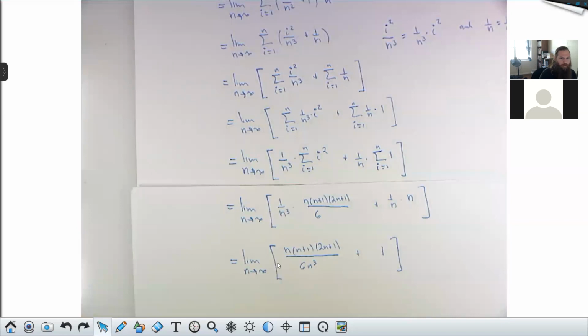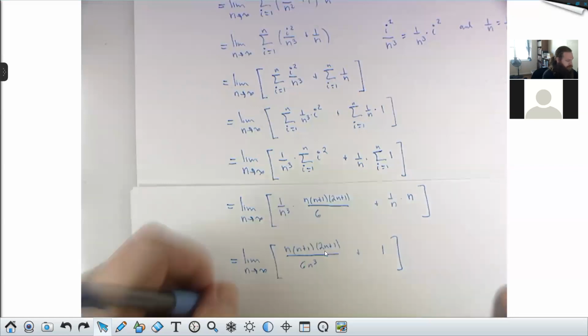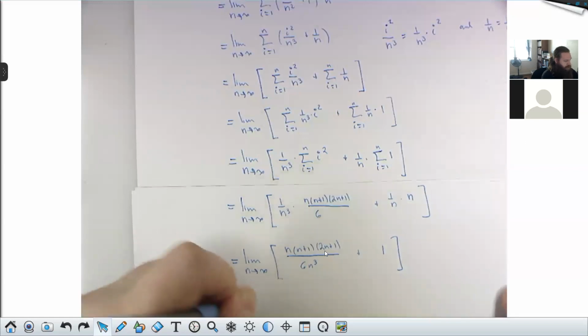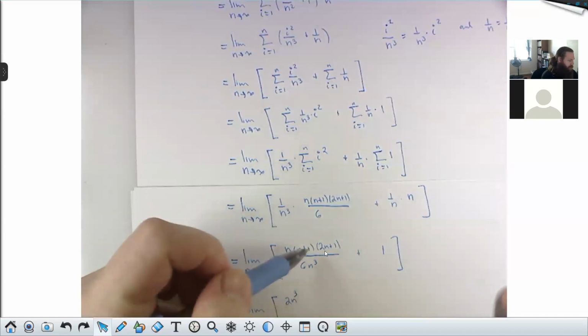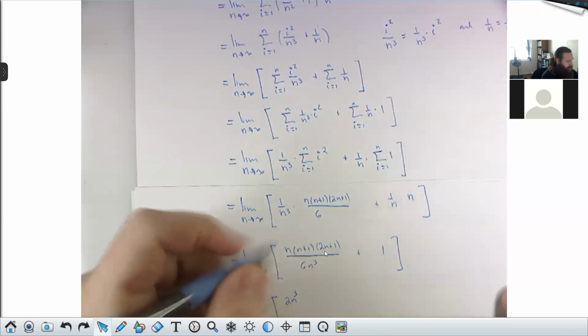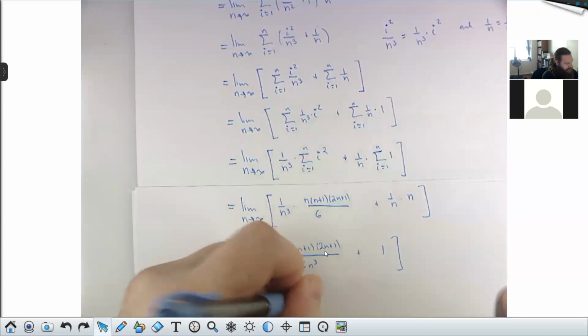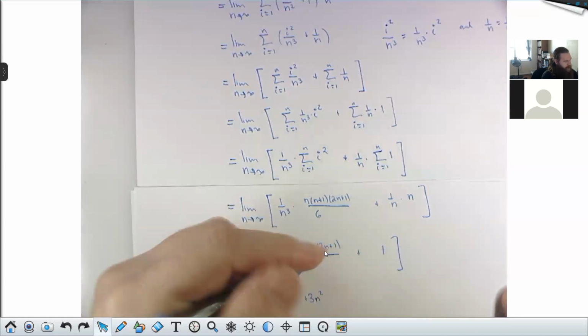If we multiply all this out, I'll have n squared plus n times 2n plus 1. So that's going to be 2n cubed, and then n squared plus n, so that's n squared times 1 plus n times 2n, that's plus 3n squared.